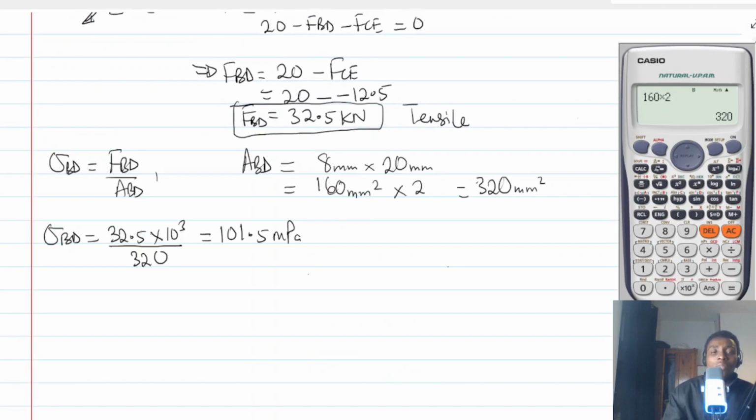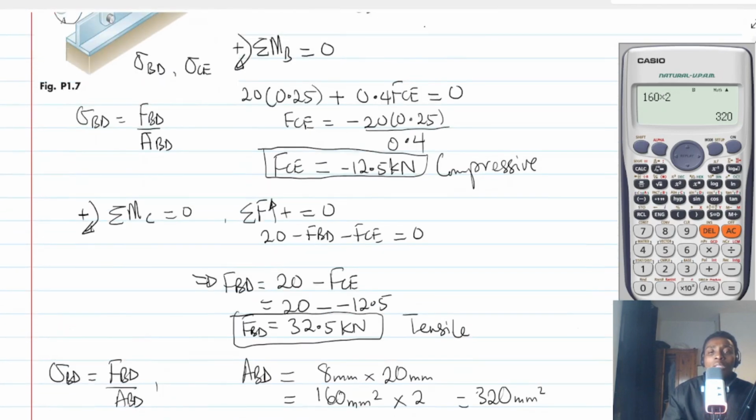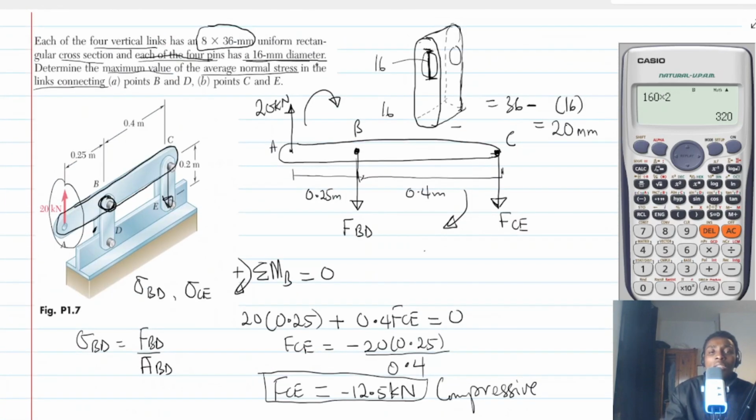For the stress in CE, again, it's going to be the force CE divided by the area CE. The area CE is the same thing, 8 by 36.